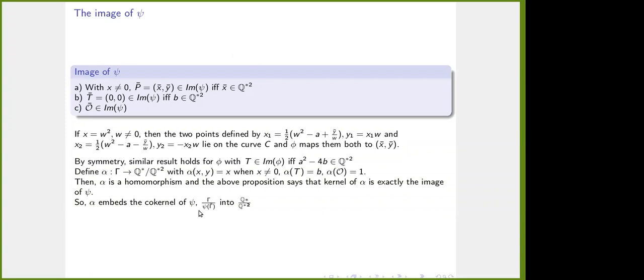I want to show that this is a finite group, and what I've done is embed it into the group Q star upon Q star square. Now we need to check that this image is finite, because Q star modulo Q star square is an infinite group. So just embedding it here doesn't show us that the image of psi is finite. We have to show that the image of alpha is going to be finite.